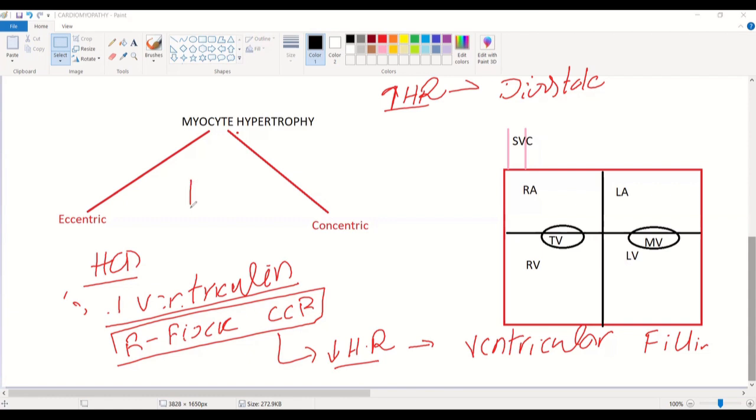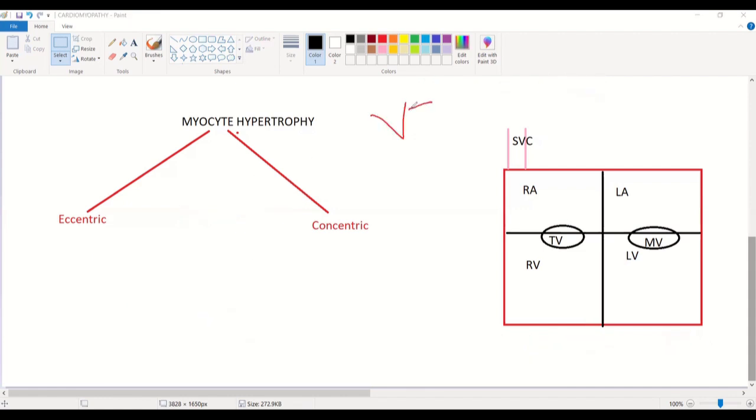Which drug decreases the preload? Nitroglycerin, a vasodilator. You are right. It will increase the risk of VT and atrial fibrillation. I am talking about the treatment of hypertrophic cardiomyopathy.